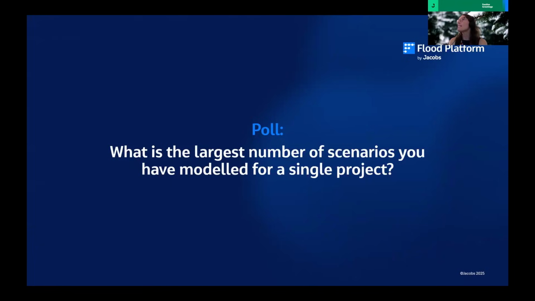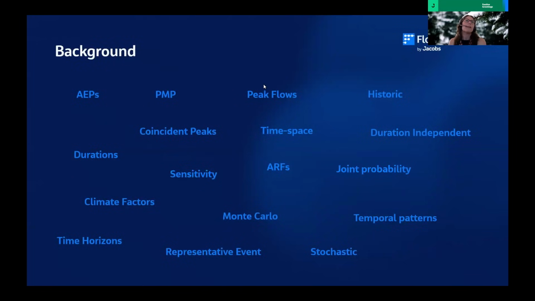So I guess let's explore some of the reasons behind why we end up doing so many TUFLOW simulations. Obviously, our aim in doing many simulations is to represent natural variability in flooding behavior now, in the past, and in the future. And AR&R gives us some guidance on how to do this, to consider rainfall frequency, rainfall duration, temporal and spatial patterns of rainfall, joint probability of tributaries and catchment conditions.